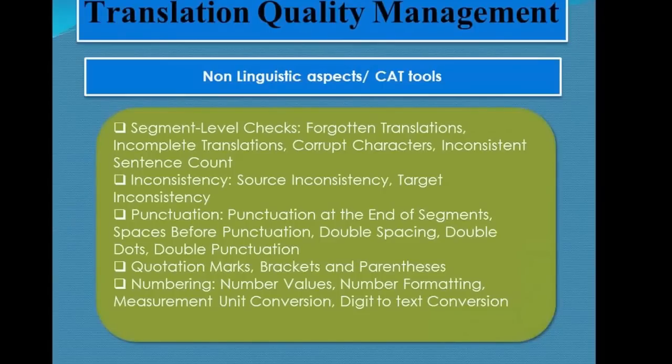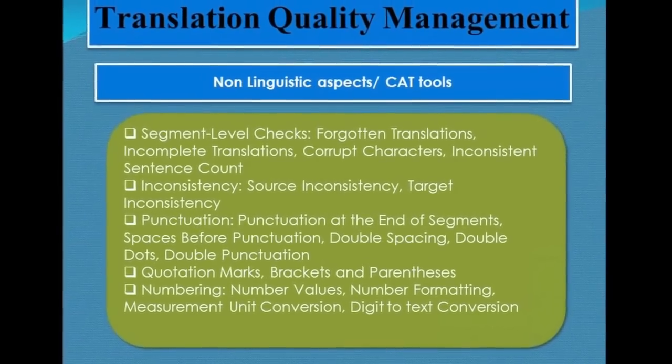Somebody will write 4/7/2017. It all depends on where you are using that locale. This is what is called localization. For America, I will write 7/4/2017. For Britain, I will write 4/7/2017. So, apart from linguistic aspects, we also have to take into account all these non-linguistic and locale aspects.